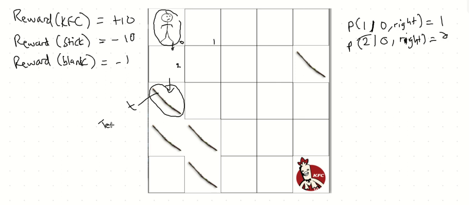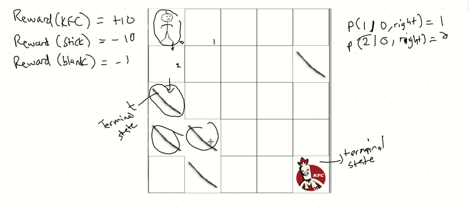So this is a terminal state because you got caught, and there are no movements you can make from here. The same goes for down here. This is also a terminal state, because once you reach the KFC, the whole scenario is over. So all of these circled ones are our terminal states.